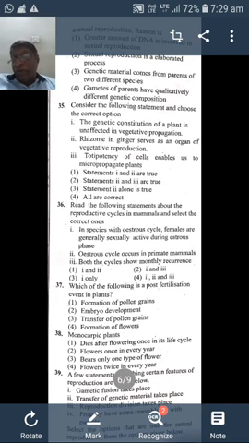Progeny have some resemblance with parents. Okay. So the answer is the first and second. Among the 4 options, the first option is correct. Okay.